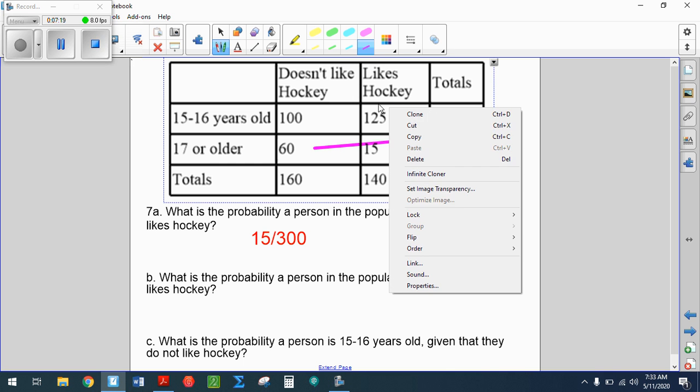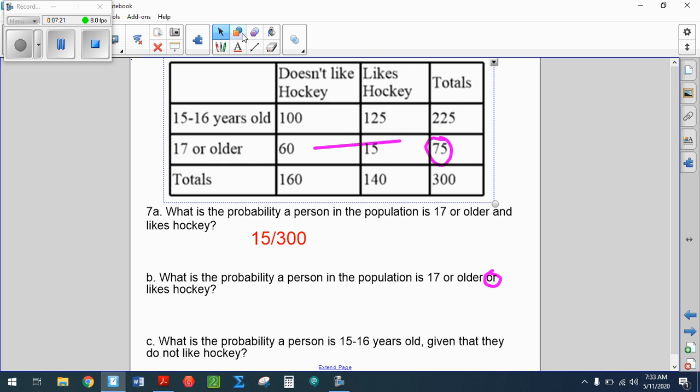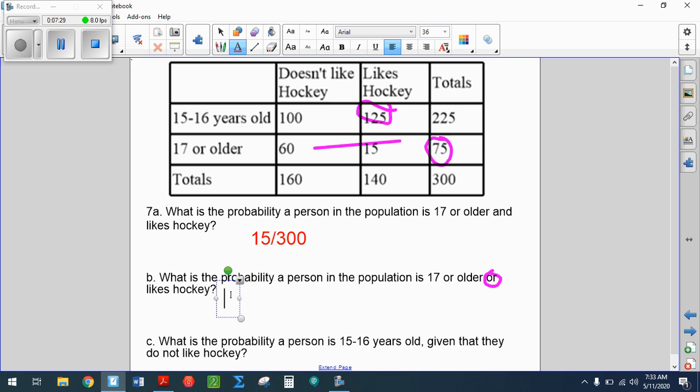So there's 125 other people who also like hockey. So 125 plus 75 over the 300. So 200 over 300, which we could write as 2/3, because we almost always write that as a reduced fraction.